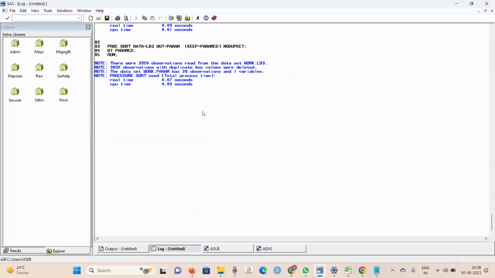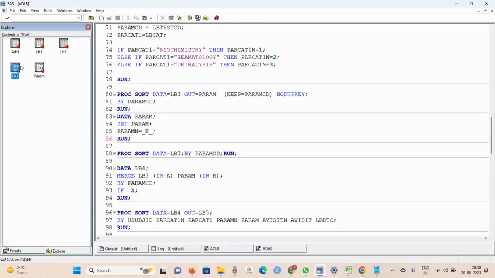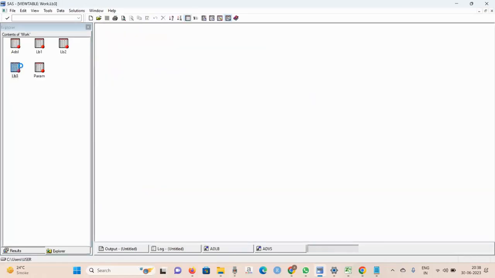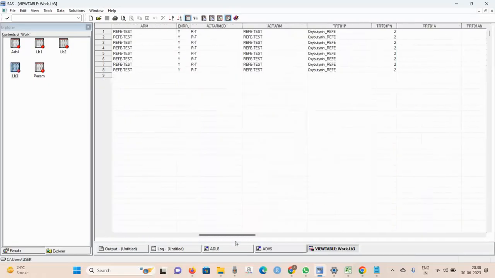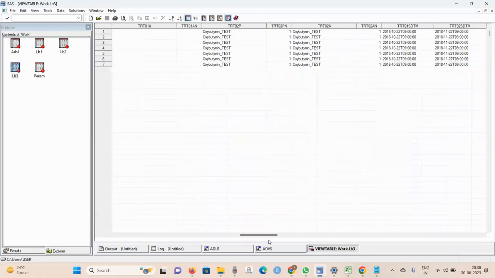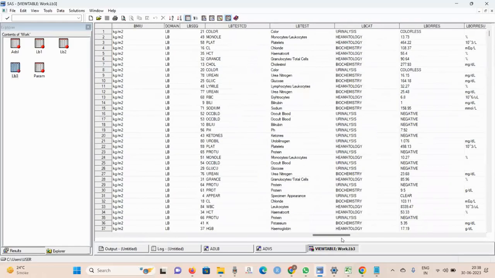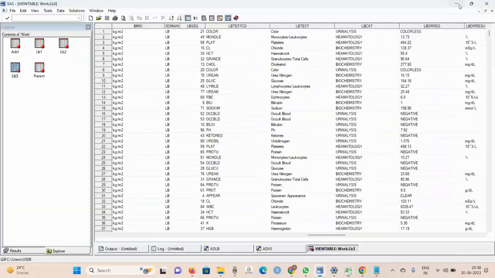So this is a simple thing, and we have that many observations. So LB3. Well, it's not that complicated to do the LB data set. Even if you have many observations, as long as you do the programming correctly, it will be good. Follow step by step, check the specification and the programming notes, and do the same thing as per the specification. It's going to work.